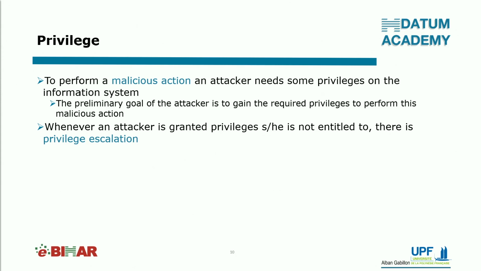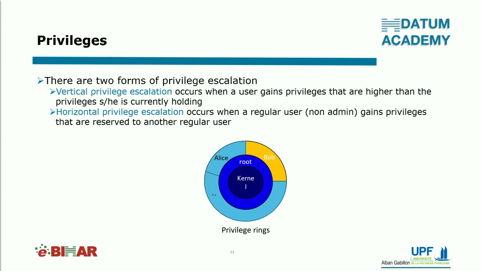And the malicious action that the attacker will be able to carry out will depend on his privileges. As we are going to see, there are several types of privilege escalation. In fact, there are two forms of privilege escalation: vertical privilege escalation and horizontal privilege escalation.